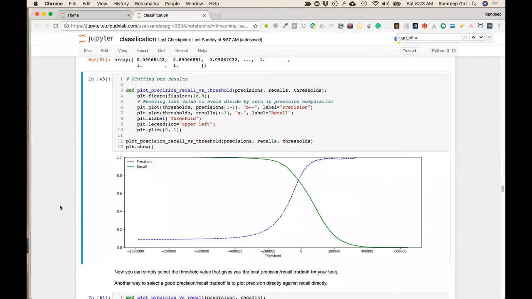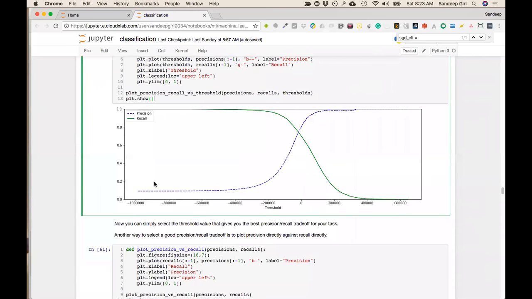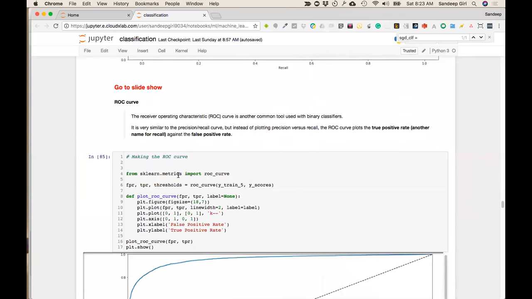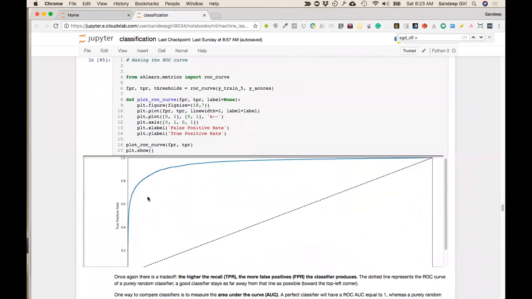That would be the meaning of overfitting. It's a good question, and one should keep it in mind. All right, great. Let's start with the ROC curve.